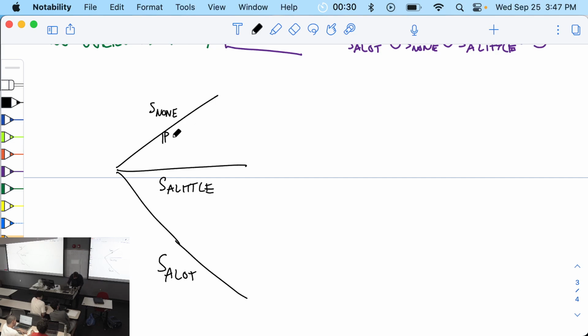So these are events, and their probabilities are given: 20, 50, 30. Okay, so that's the first layer of the tree. And then in each branch of the tree, one of two things happens. Either you pass or you fail. So in the next layer of the tree, let me try to line them up a little bit.